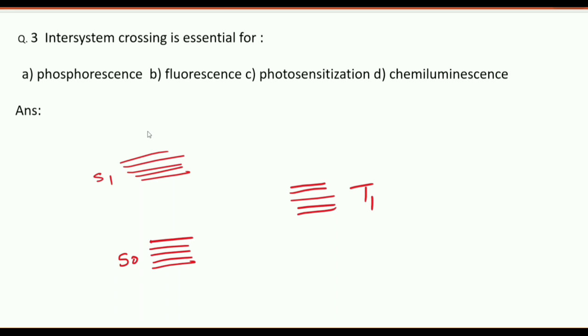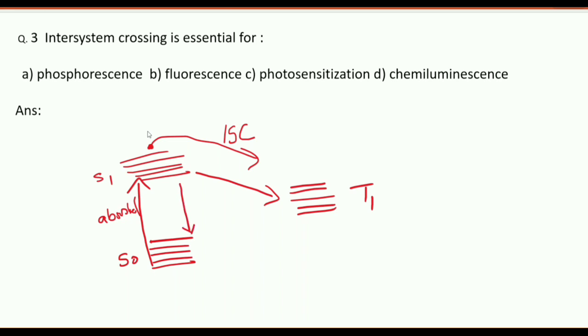Now if light is absorbed, first it is excited to the singlet state, then it can go to the triplet state also. When an electron is transferred to the triplet state, it is called inter-system crossing, ISC.